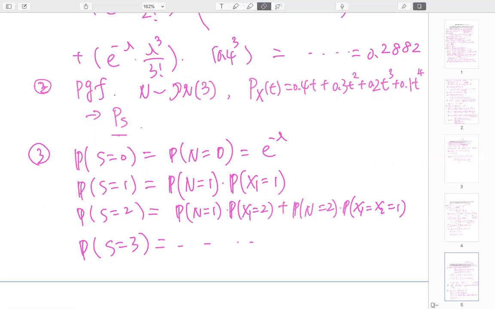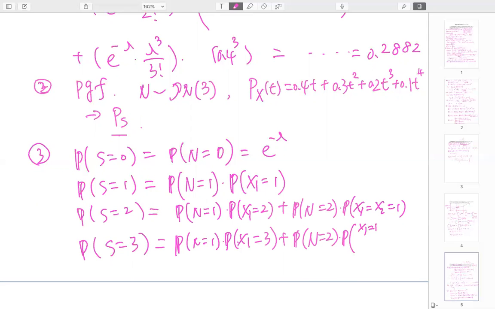So, I already did the analysis, so why don't I write it down? So when N is 1, the only claim must be of size 3. When N is 2, it's either X1 is 1 and X2 is 2, or X1 is 2 and X2 is 1.